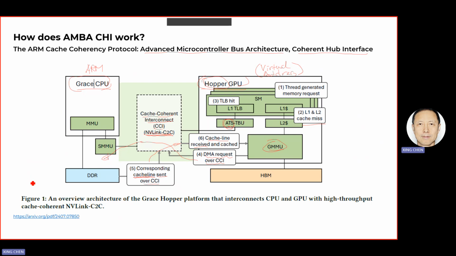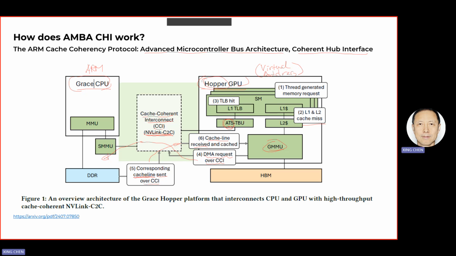So the GPU needs to get the data from the CPU. Then the CPU needs to get the data from the memory if it has not been put into the cache. If the data has not been put into the cache, the CPU needs to read the data and put it in its cache. If the data has already been put in the CPU's cache, it's fine. And then the CPU needs to send this cache line to the GPU.